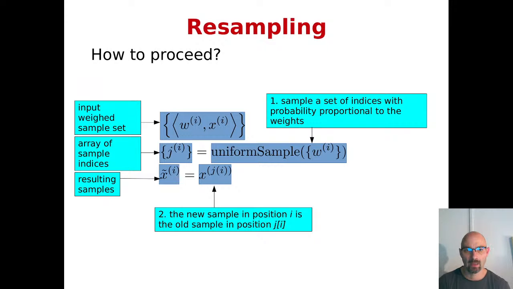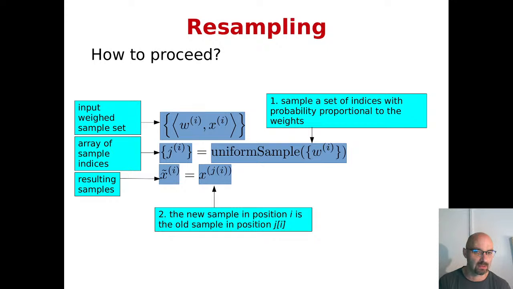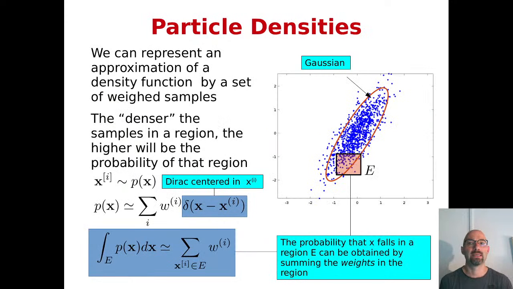Okay, so I've told you about resampling and the principle of uniform sampling, and now we come to the point where we can talk about probability distributions represented as particle densities. We can represent in general any distribution through a set of weighted samples.